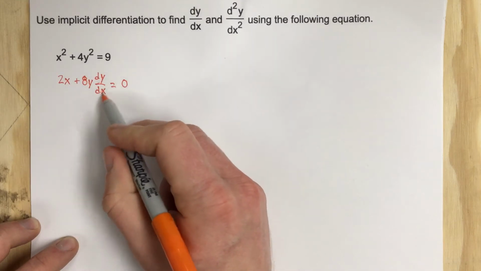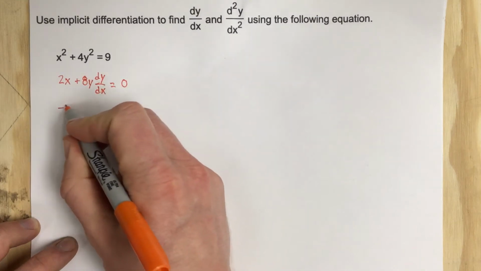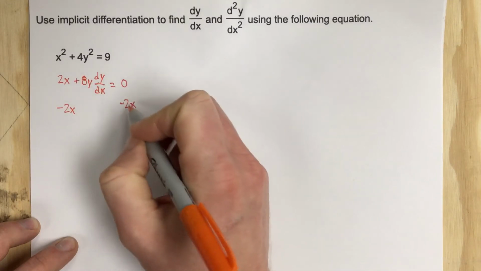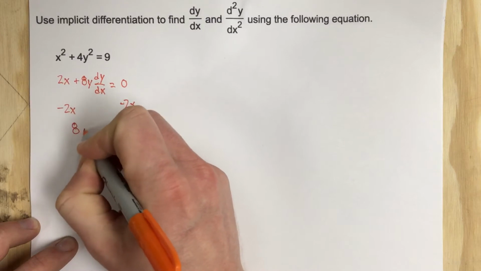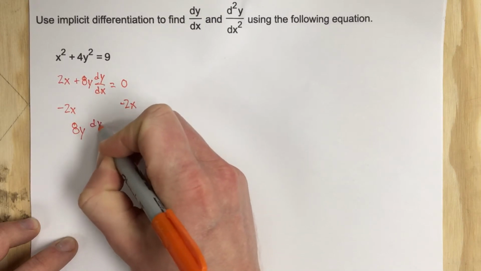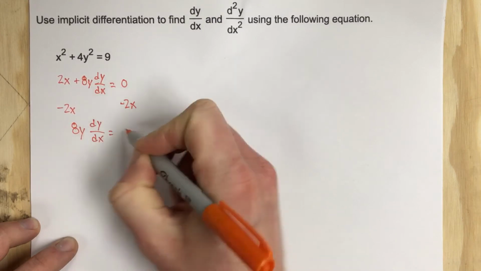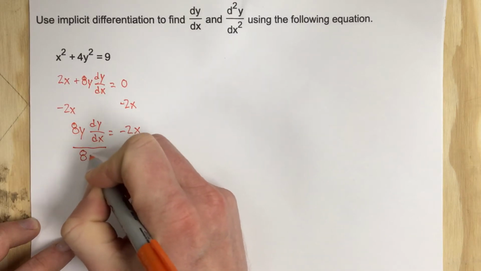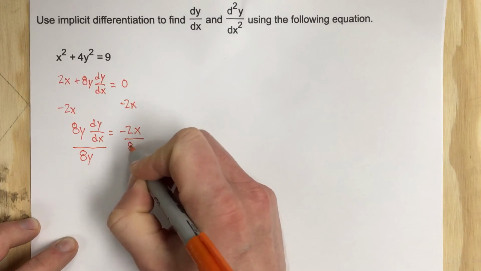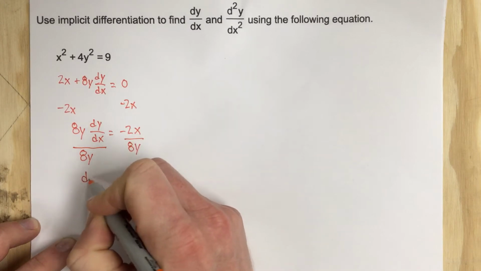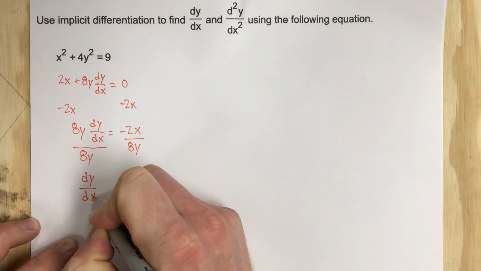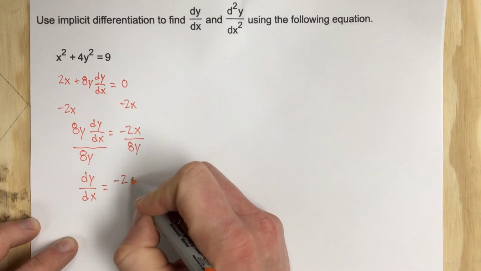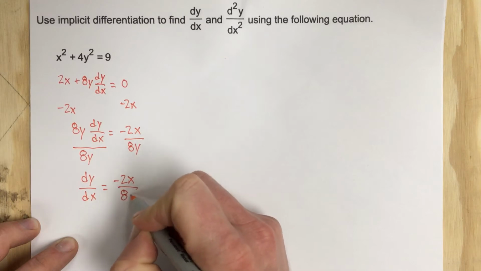What we want to do now is solve for dy over dx. So we're going to subtract 2x on each side. And when we subtract 2x on each side, we get 8y dy over dx equals negative 2x. And now let's divide by 8y on each side. And that tells us our first derivative, dy over dx, is equal to, this cancels, right, negative 2x over 8y.